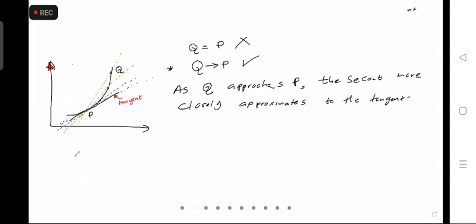Now let's take an example. I will delete this one. To understand the concept, I will take an example. So I have a function like this.